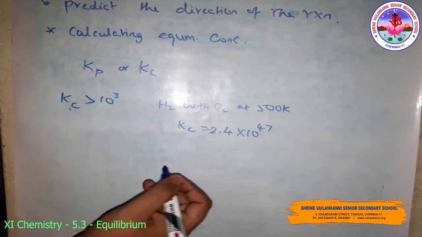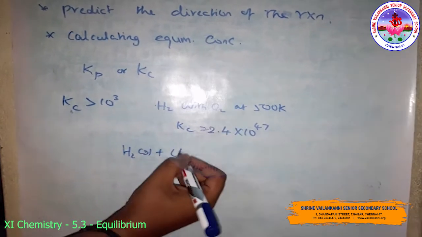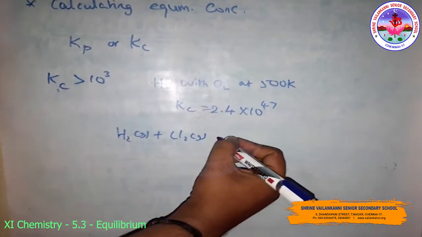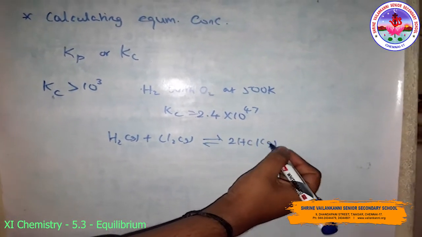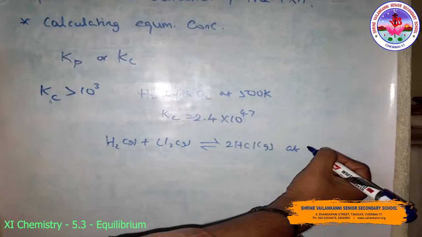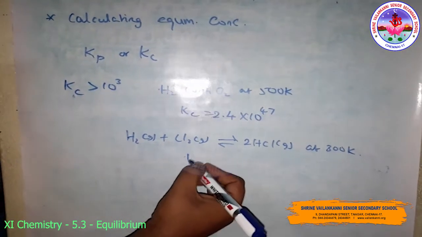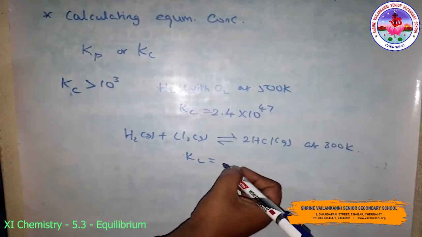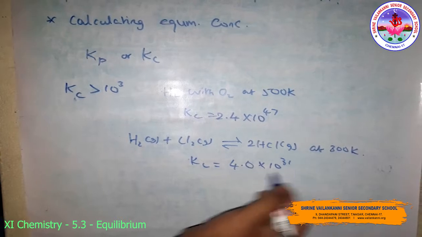Another example: hydrogen gas reacts with chlorine gas to form HCl gas at 300 Kelvin, where Kc is equal to 4.0 × 10^31.